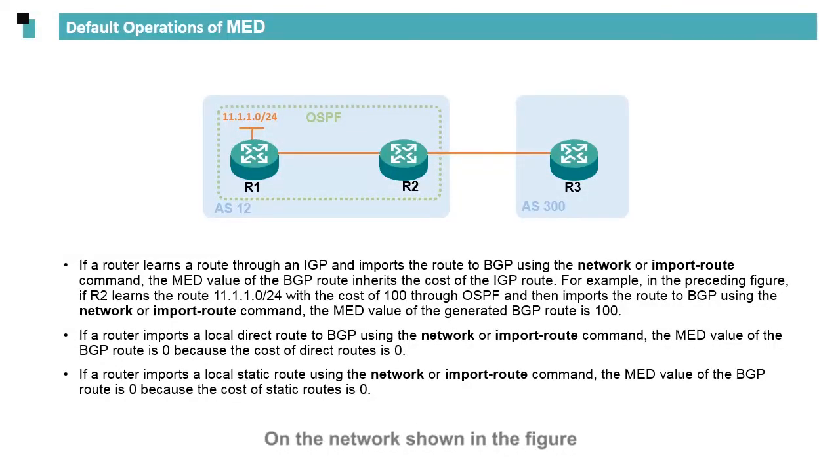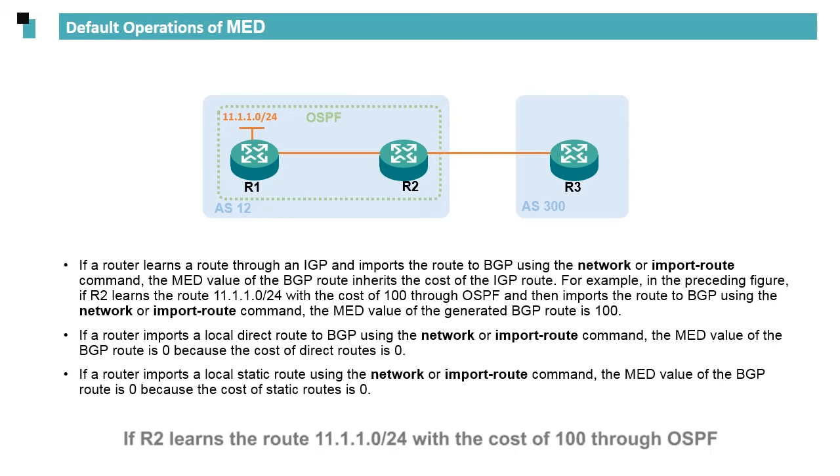On the network shown in the figure, R1 and R2 belong to AS12 and R2 connects to R3, which belongs to AS300. OSPF runs in AS12. R1 learns the route to 11.1.1.0/24.